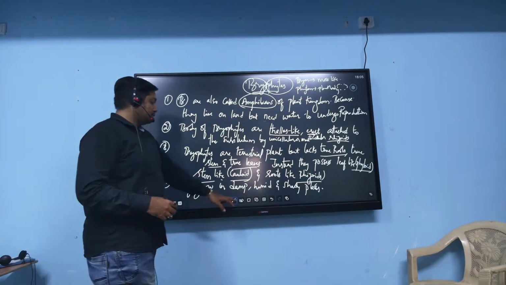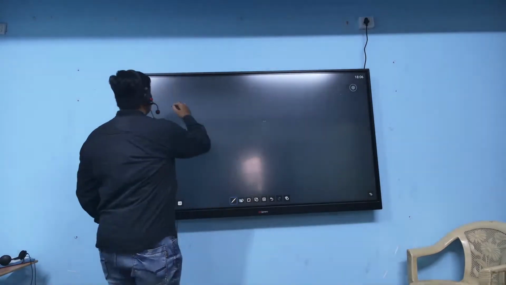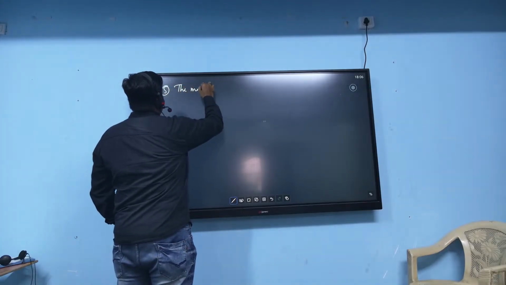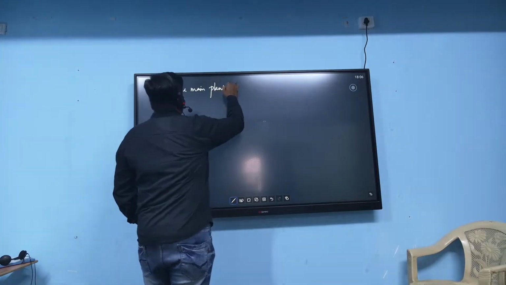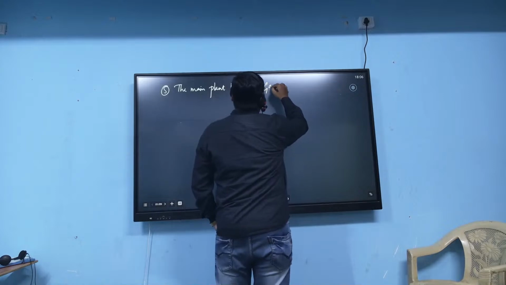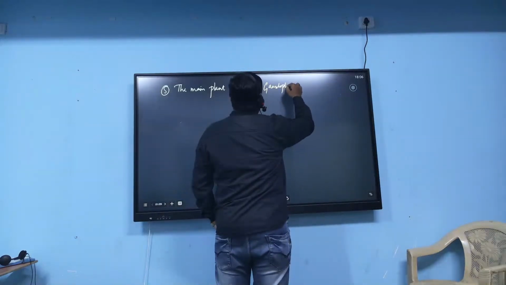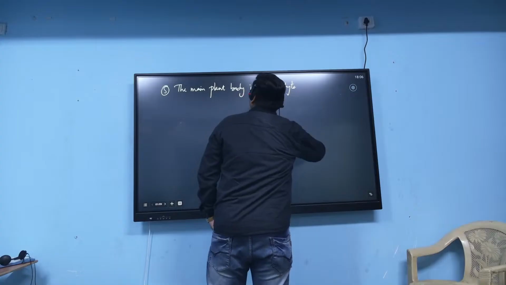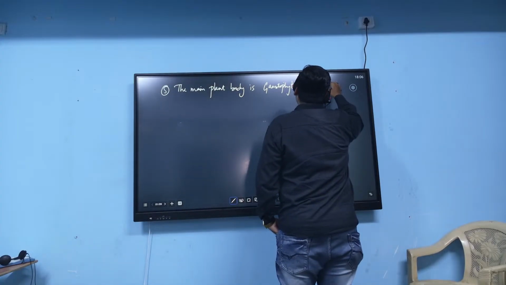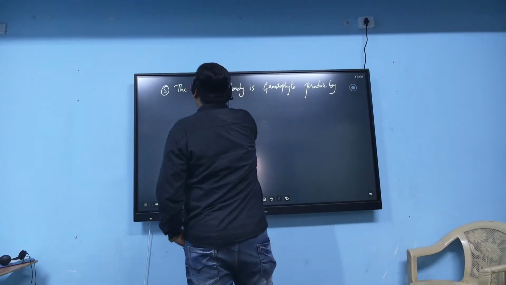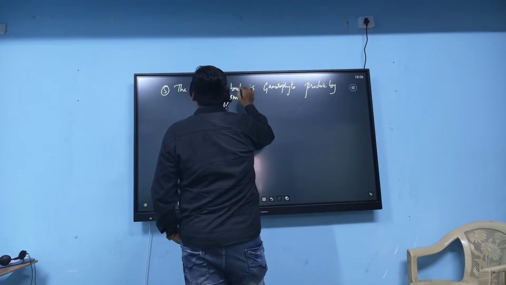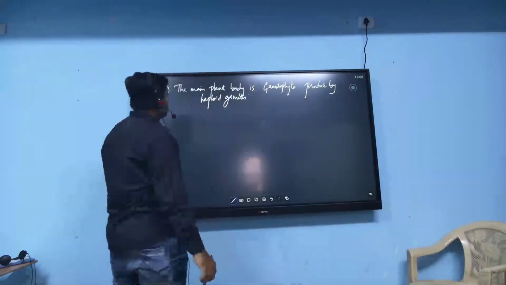So next, point number 5: the main plant body is gametophyte, produced by the haploid gametes.